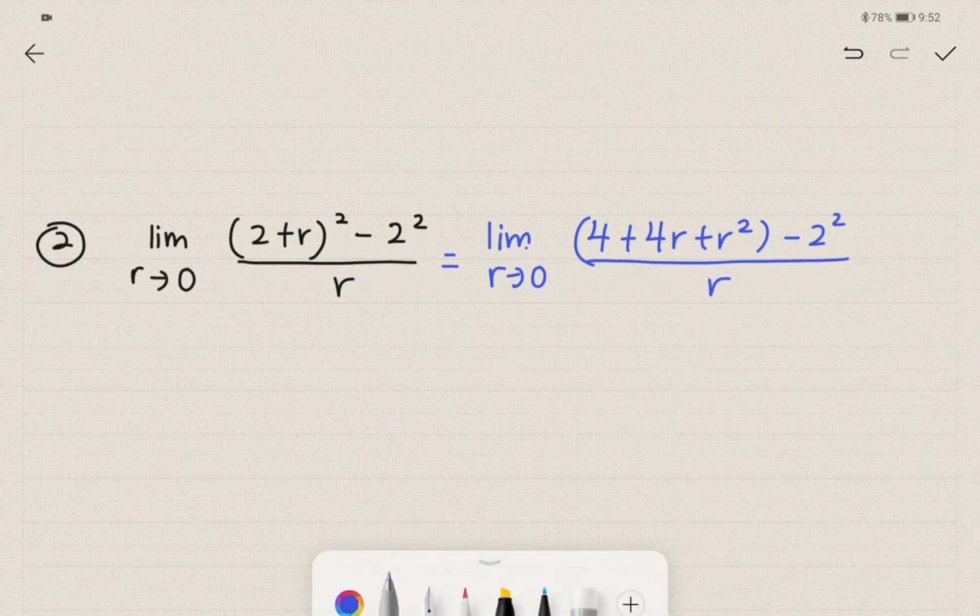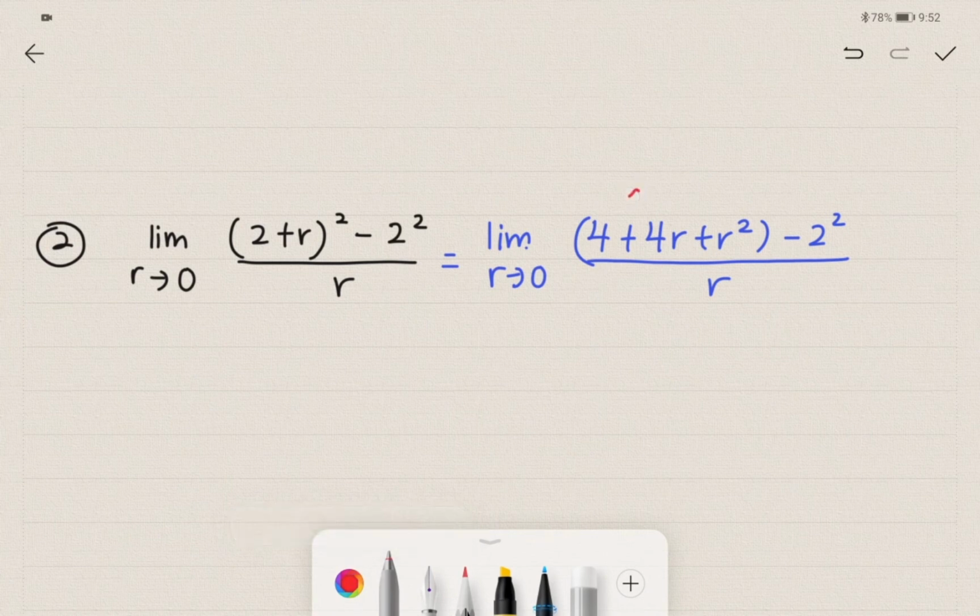Now note that this 4 can be cancelled out with this, because 2 squared is just equal to 4. Here we have positive 4 and here we have minus 4, so we can cancel off, and you get 0 for that. Now we are just left with 4r and r squared.